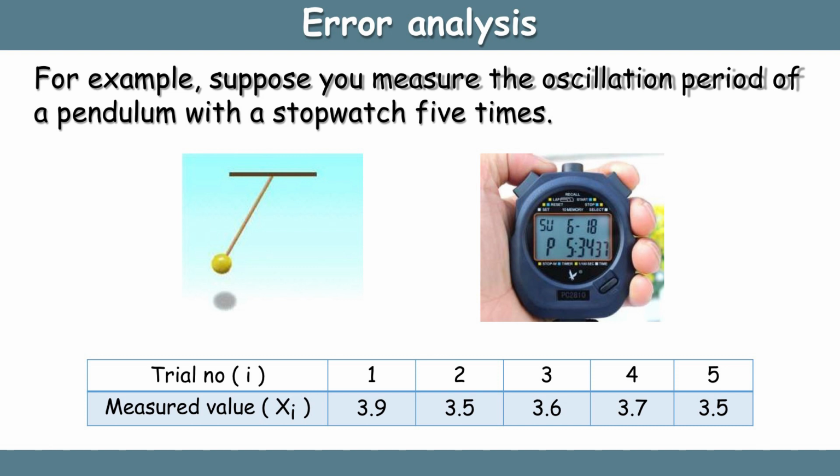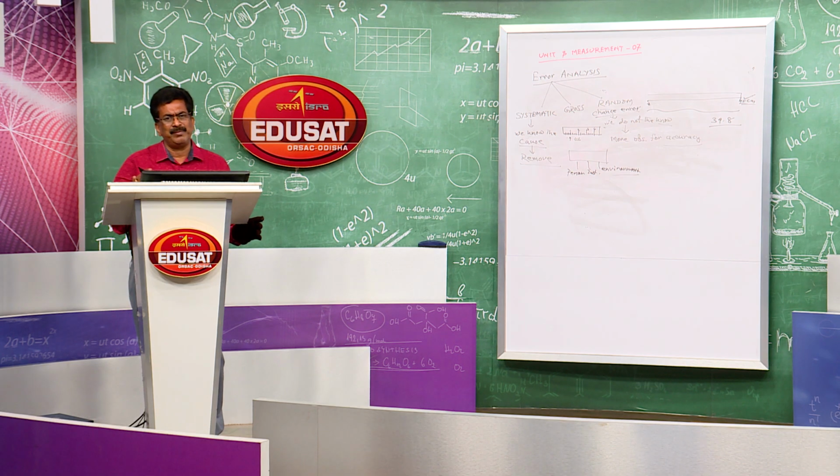Then comes the absolute error, as we have discussed earlier. Absolute error means the magnitude of the difference between the mean value and each individual value.